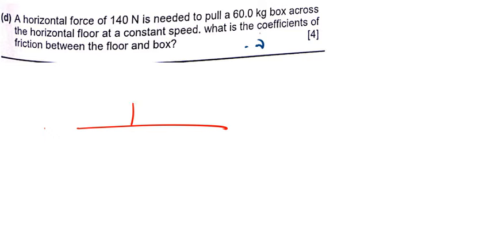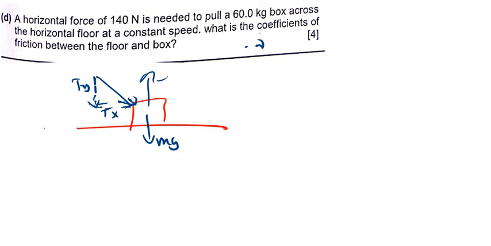So if they're asking about pushing, meaning you are pushing this at an angle, this one now is coming from there, going there. So you still have Ty and Tx, you have mg, then the normal force is there. You do the same, the friction force is opposing, so it will be in this direction.